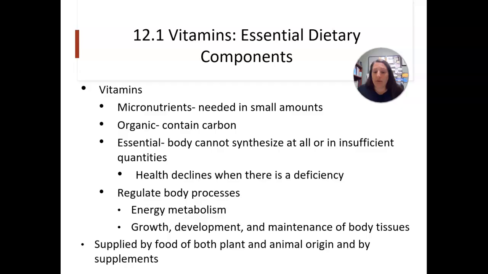Some are involved in growth, development, maintenance of body tissues. Again, vitamins are supplied by the food that we eat. Both plant and animal sources will have specific vitamins. And if individuals, for whatever reason, aren't able to get proper amounts in their diet, there is also supplementation.